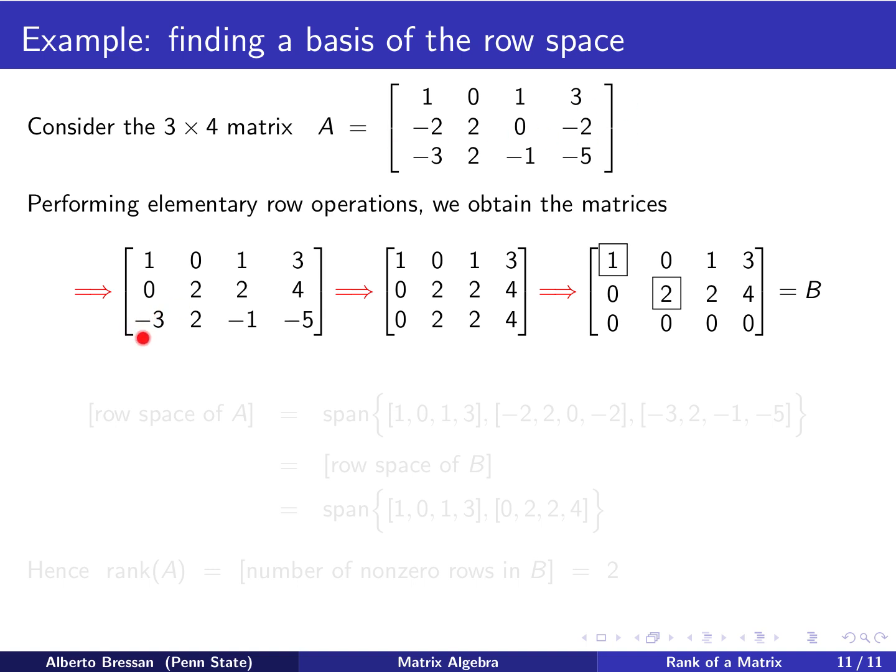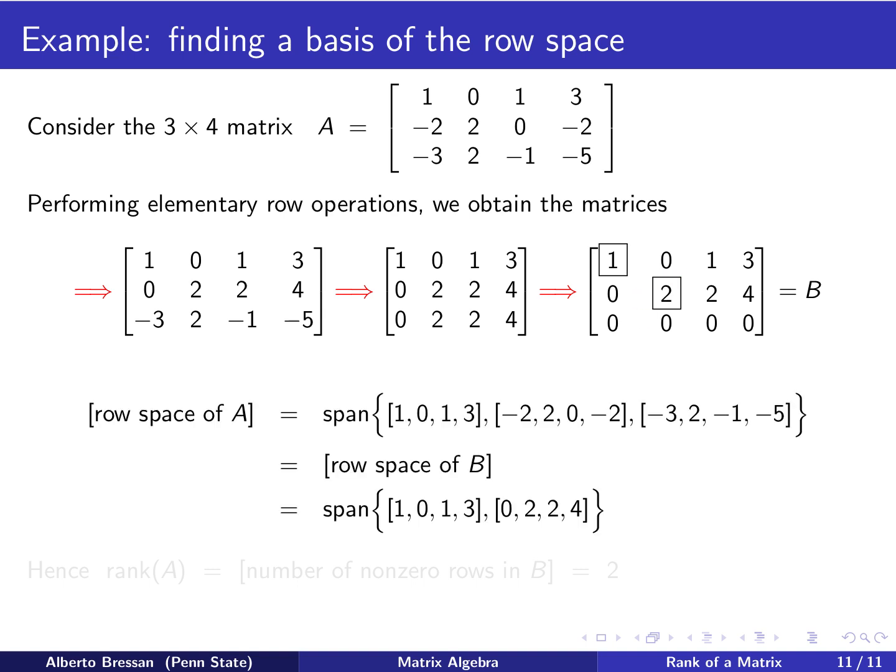Then you make this 0 by multiplying this one by 3 and adding on top. Furthermore, you make this one 0 by multiplying this by -1 and adding on top. Then you have this matrix B, which is in reduced row form. And we label the leading entries by putting them in a block.